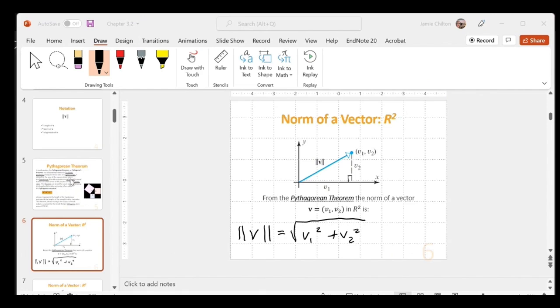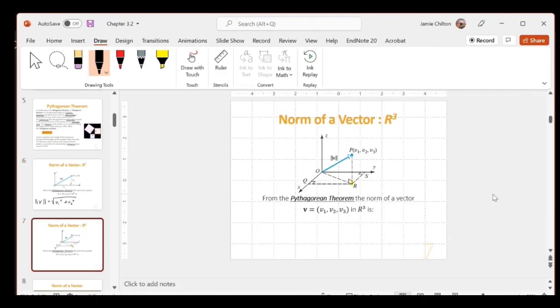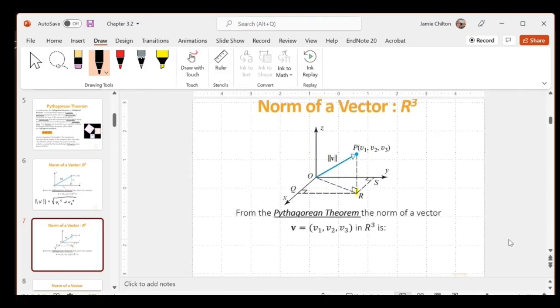All right, well, that's obviously kind of easy in 2 space, right? So now we got to actually think about it in 3 space. What are we doing? So here, I'm going to go ahead and zoom in on this a little bit. Here we've got that same vector V that we're trying to determine the norm for. Now, don't forget, that is the length or magnitude of this vector V, and we have this notation.